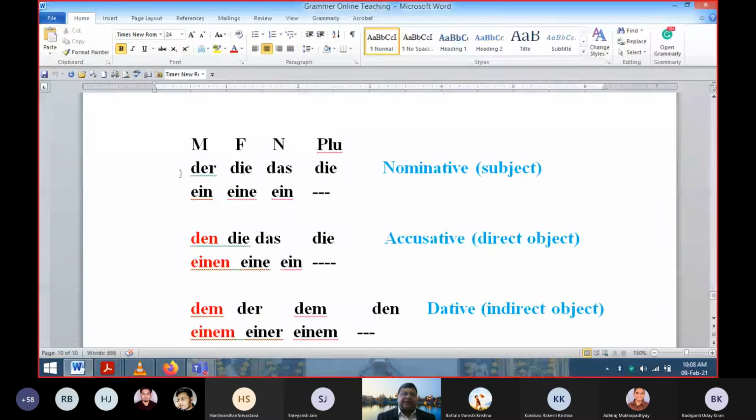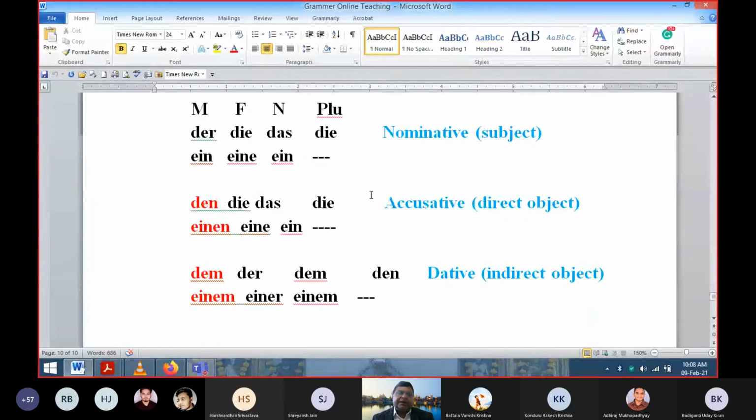So if you remember, last class I started explaining the concept of subject and object. That is nominative, meaning any noun which is being used as subject, then we can choose from the definite or indefinite articles depending on the number and gender, like der, die, das, die, ein, eine, ein. If any noun is used as a direct object, then we change the masculine noun.